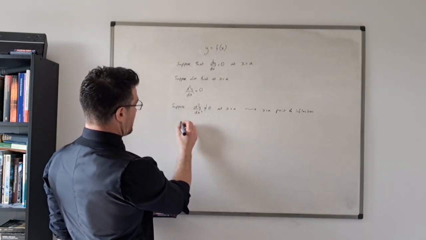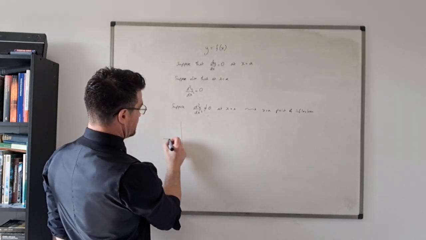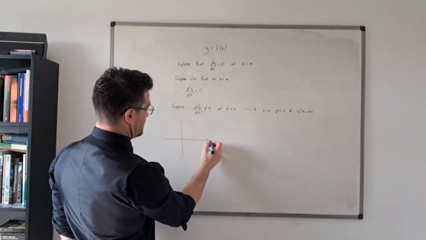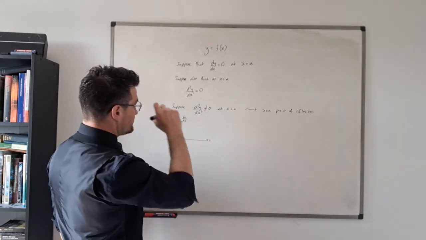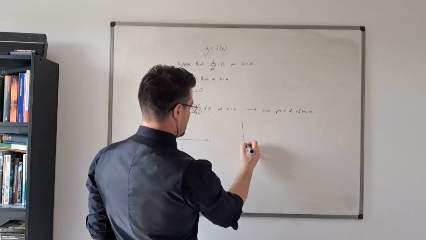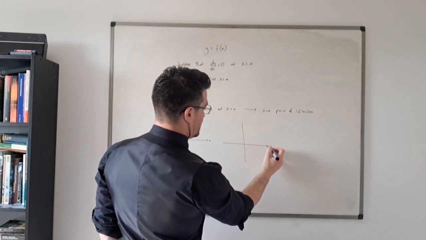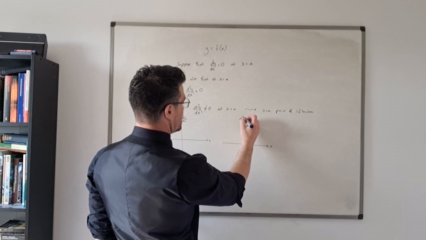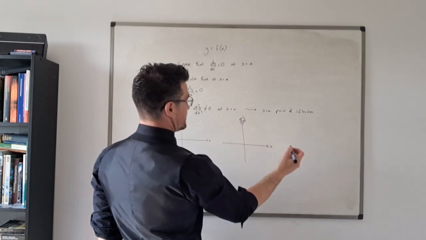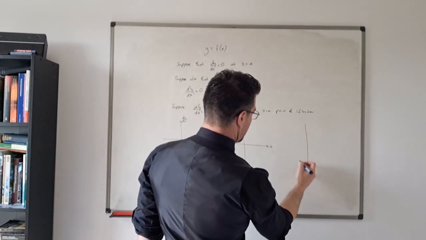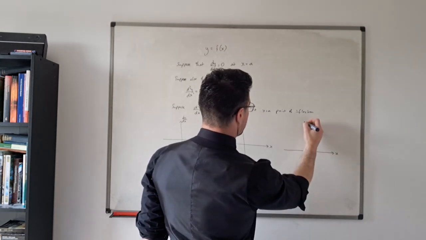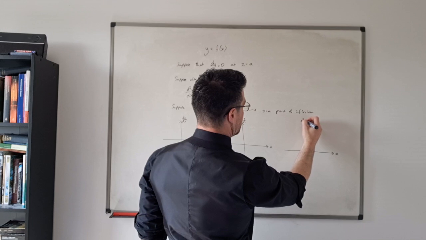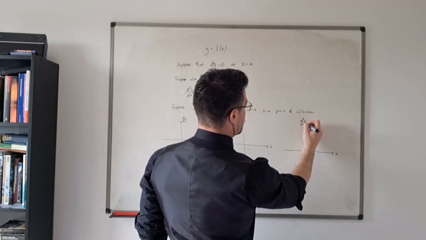So, x dy by dx, x d2y by dx squared, and now we've got the third derivative, x d3y by dx cubed.